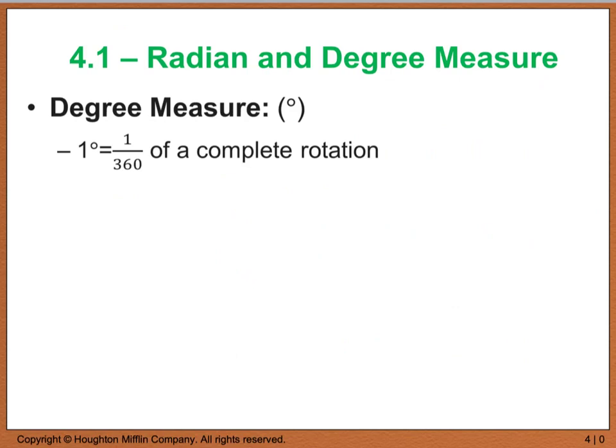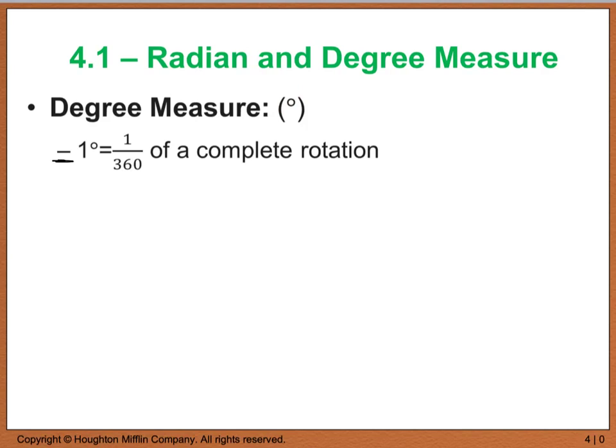Now, just to refresh, a degree measure, which is denoted by this symbol here, which means degree, means that 1 degree is equal to 1/360th of a complete rotation. And that's because there are 360 degrees in one full circle.